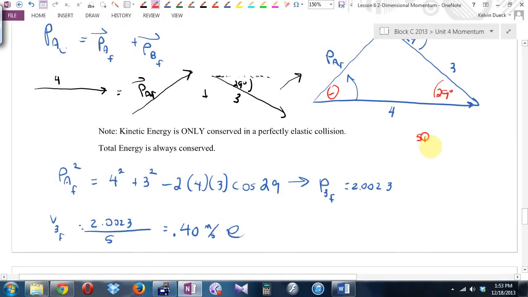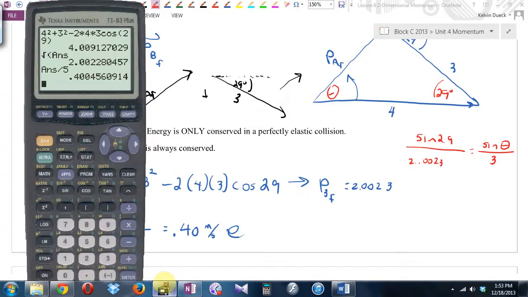It's going to be the sine of 29 divided by 2.0023, what's across from it, equals the sine of theta divided by what's across from it, 3. I think to get the sine theta by itself, I would times by 3. And then to get the theta by itself, how to get rid of a sine? Shift sine, I hope.